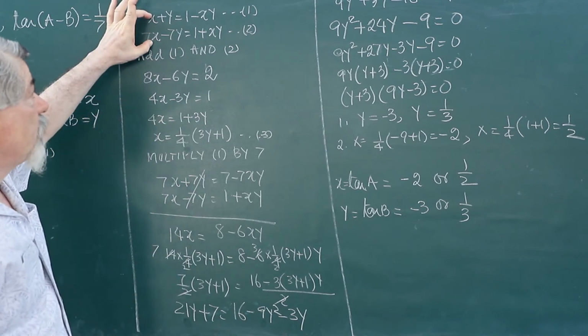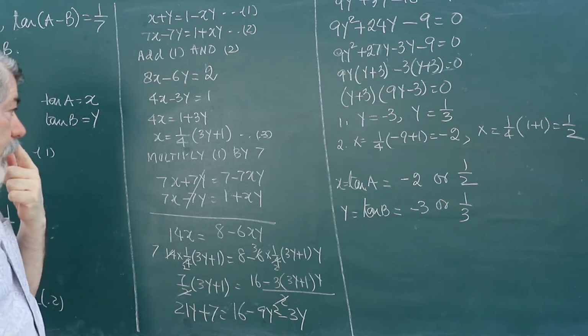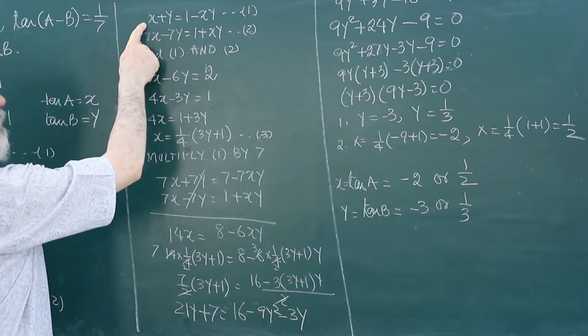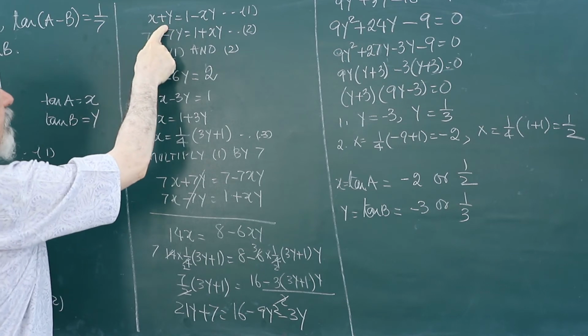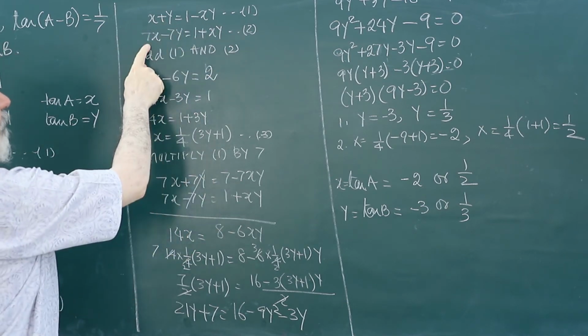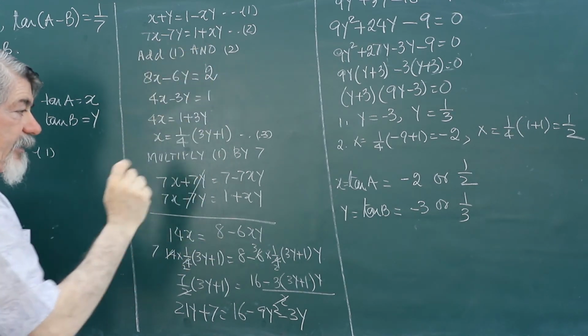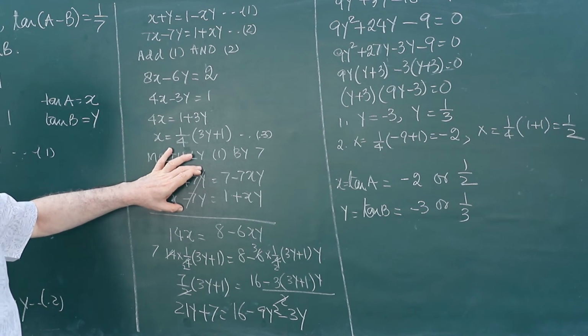Now again we solve these two equations 1 and 2, and we eliminate y. How do we eliminate? We multiply equation 1 by 7. 7x plus 7y is equal to 7 minus 7xy. 7x minus 7y is equal to 1 plus xy. When we added these two, y terms will cancel.